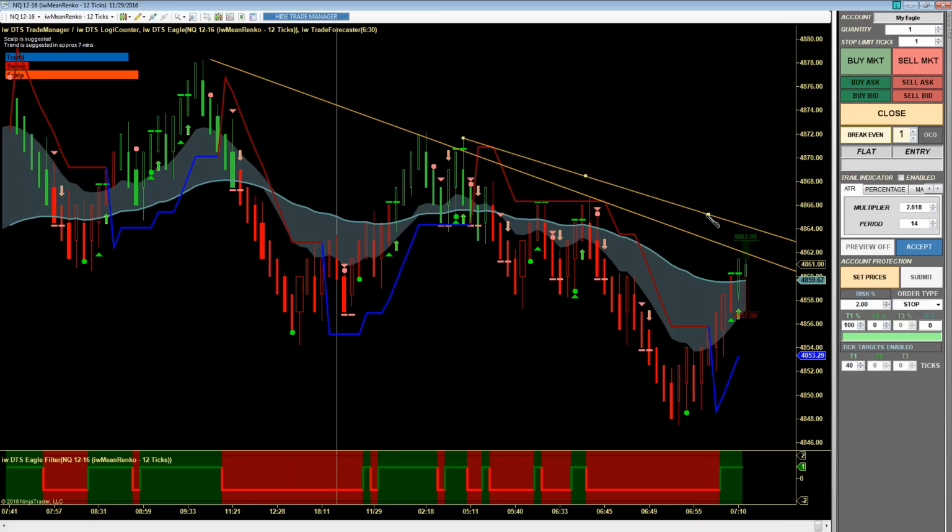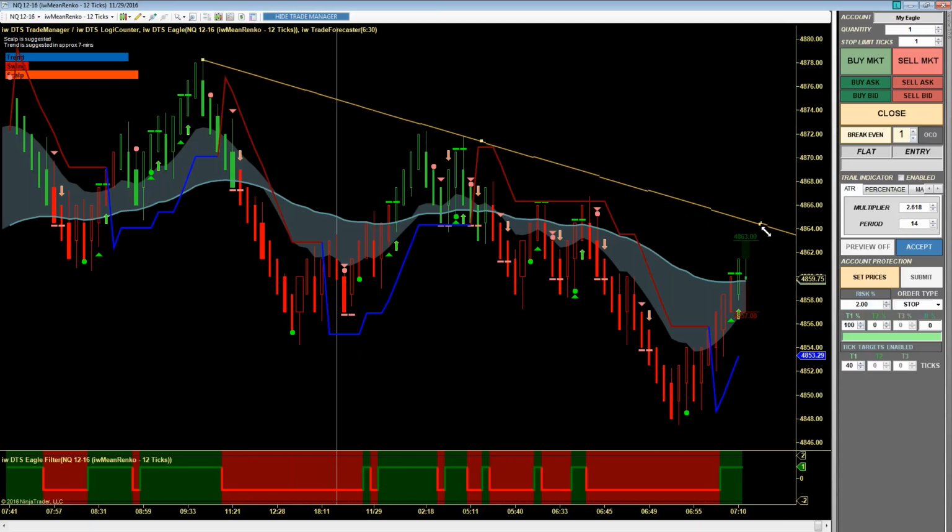Some will draw the trend line like this. But it's close enough that we should see some sort of reaction. Some are even going to draw the trend line like that.